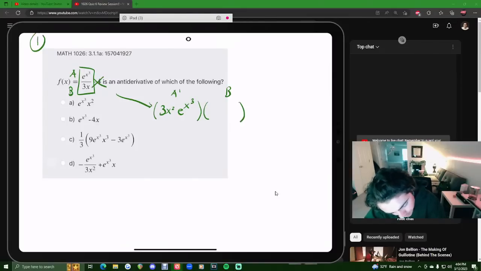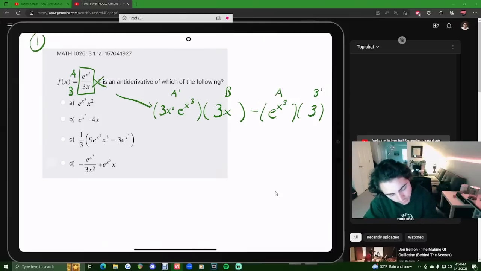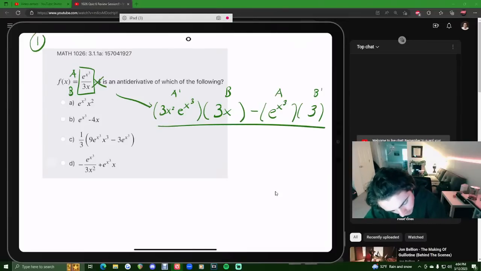A prime times b, so b is 3x, minus a, which is e to the x cubed, times b prime, which is just the derivative of 3x, which is 3, and all of this is divided by b squared. And so that is 3x all squared.